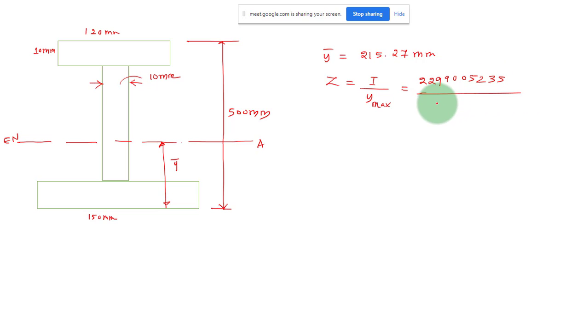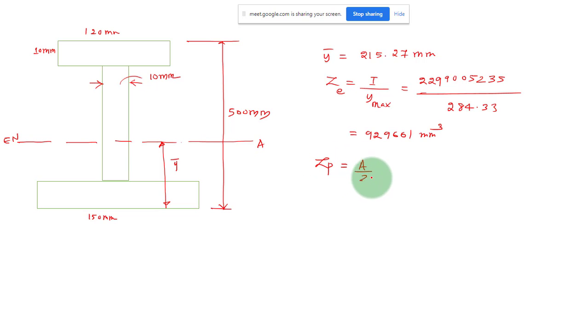Y max will be 284.3. So y bar is 215, and the remaining distance will be 284, totally 500. So y max will be this value, and this will give you the elastic section modulus, which is coming finally as 929,929,661 millimeter cube.